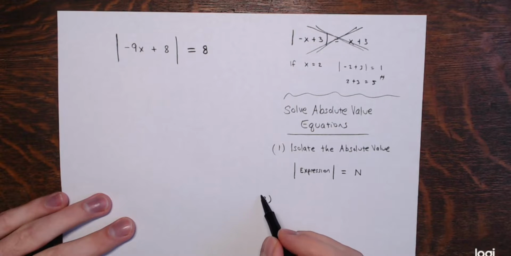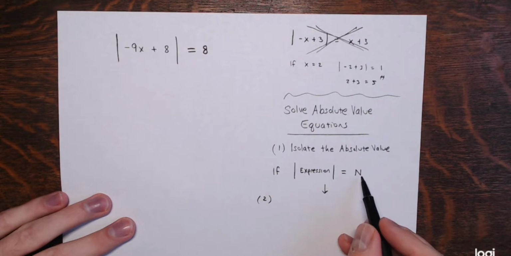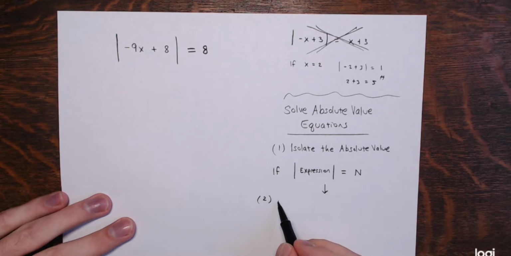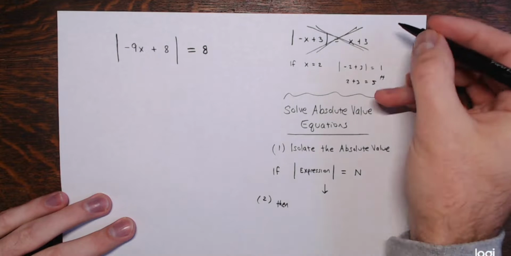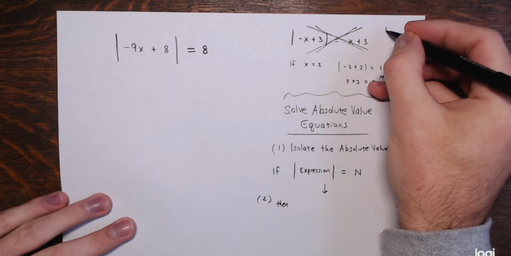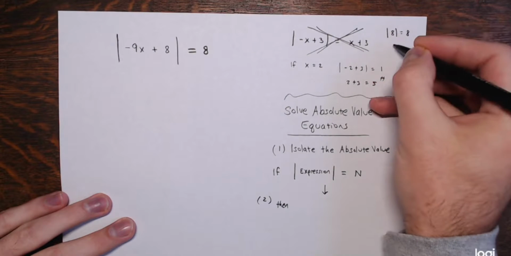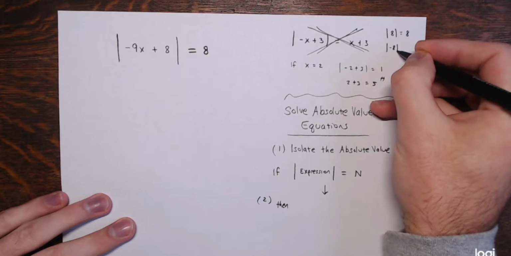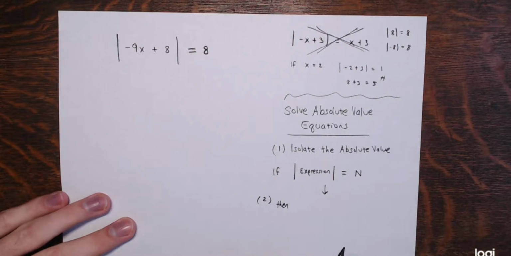Now, if the absolute value of some expression equals another number, then we're going to set up two separate equations. Remember, the absolute value of 8 equals 8, and the absolute value of negative 8 is also 8. Right? Absolute value is the distance from 0.